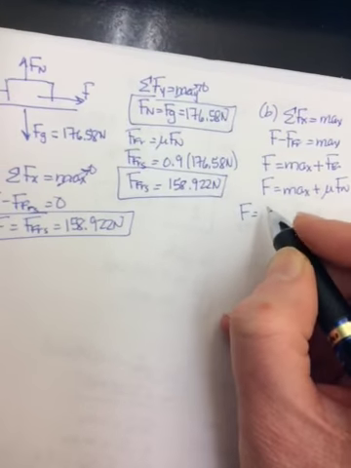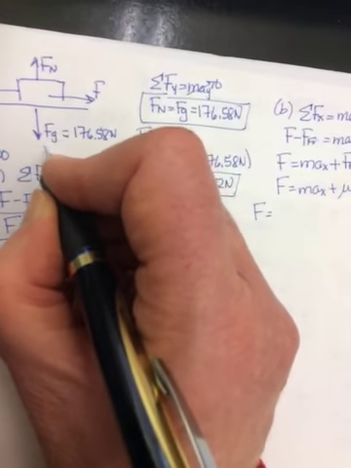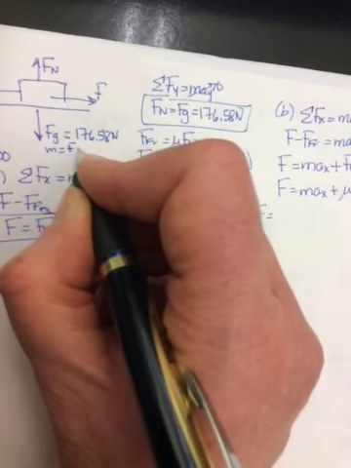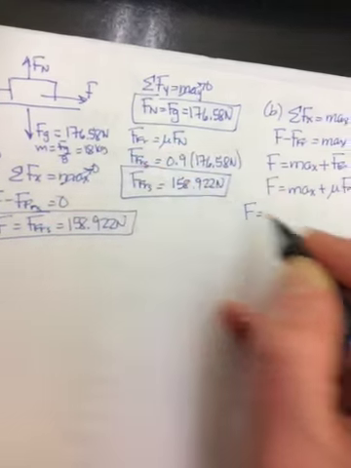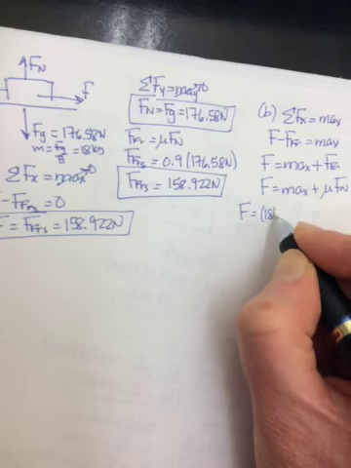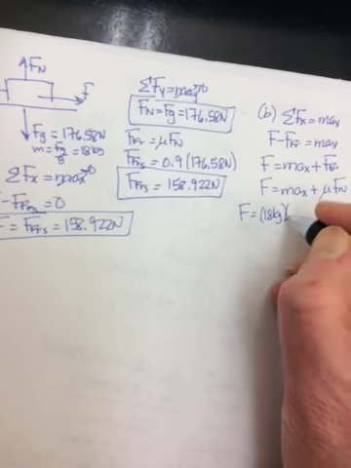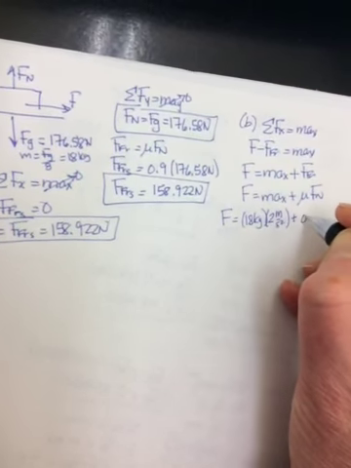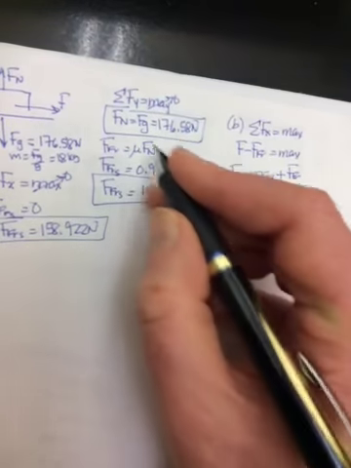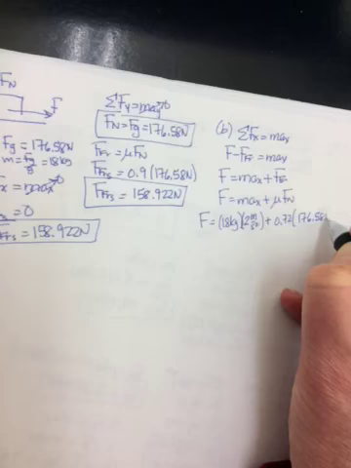So F is equal to, oh, we didn't find our M, but we can. M is going to be Fg divided by G, and I think you get 18 kilograms. So 18 kilograms, and the acceleration they told us was 2 meters per second squared. The mu for kinetic was 0.72, and our normal force was 176.58 newtons.